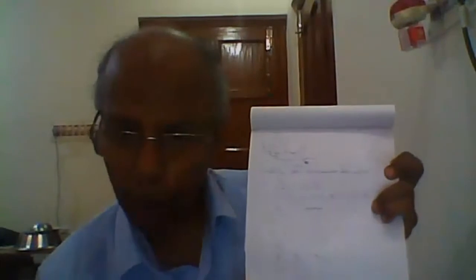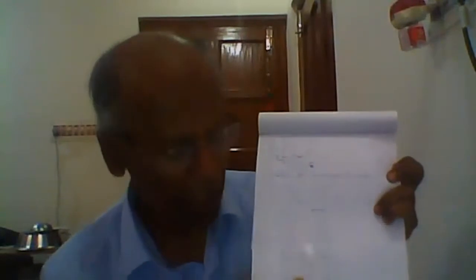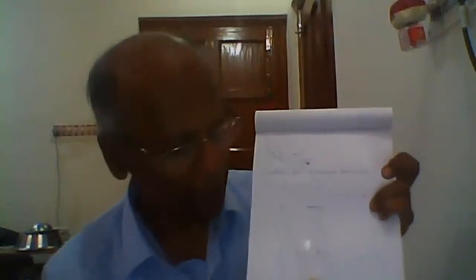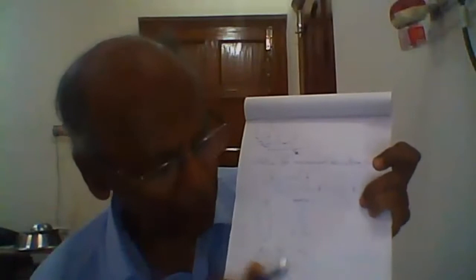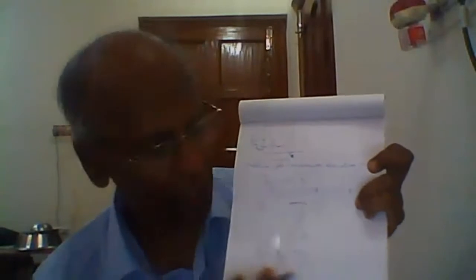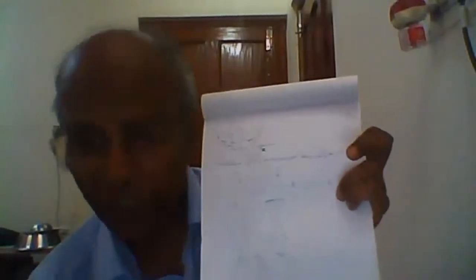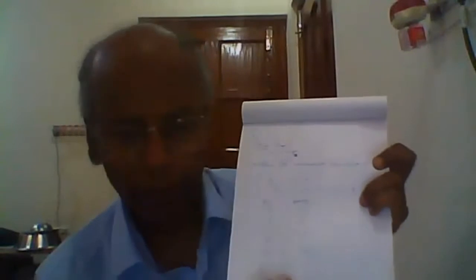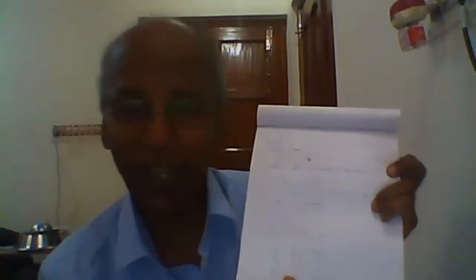And this is plano-convex lens, one surface plane, another surface convex. And this is concavo-convex lens, one surface concave, another surface convex. Essentially all these are convex lenses. A concavo-convex lens is also known as meniscus lens.